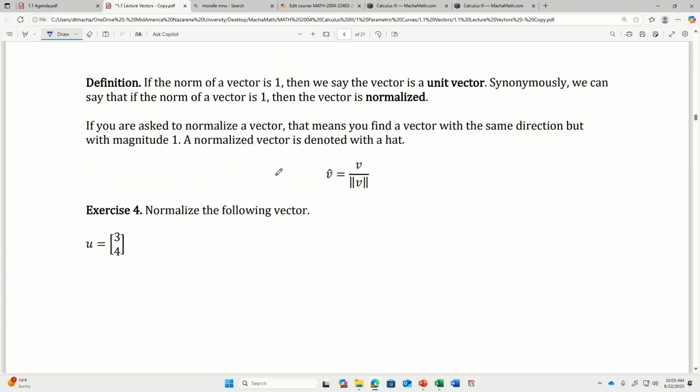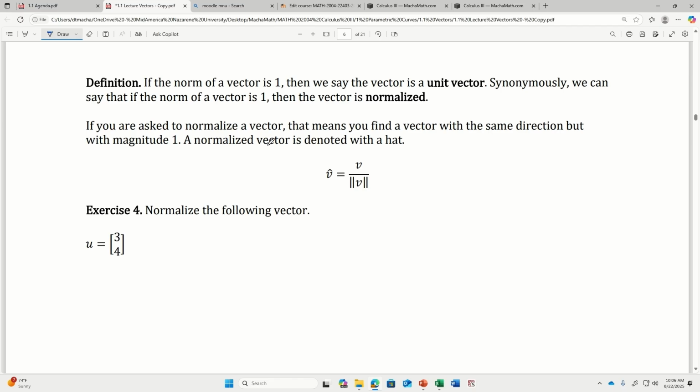Let's see. Okay, new definition. If you take the norm of a vector and the norm is 1, then that vector is a unit vector. If the norm of a vector is 1, you could also say the vector is normalized.